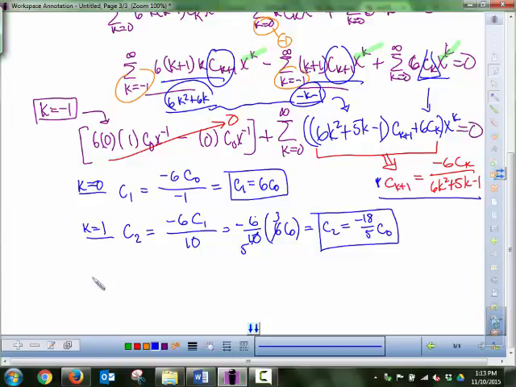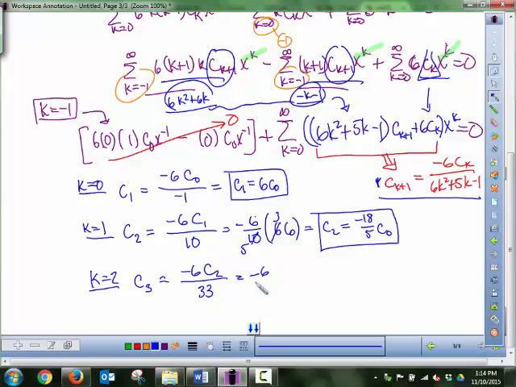All right, let's do one more. When k is equal to 2, I have c sub 2 plus 1, that's c sub 3, is equal to negative 6 c sub 2 divided by, when k is equal to 2, oh boy, 2 squared is 4, 24, plus 5 times 2 is 10, 34, minus 1, 33. That's a negative 6 over 33 times c sub 2.